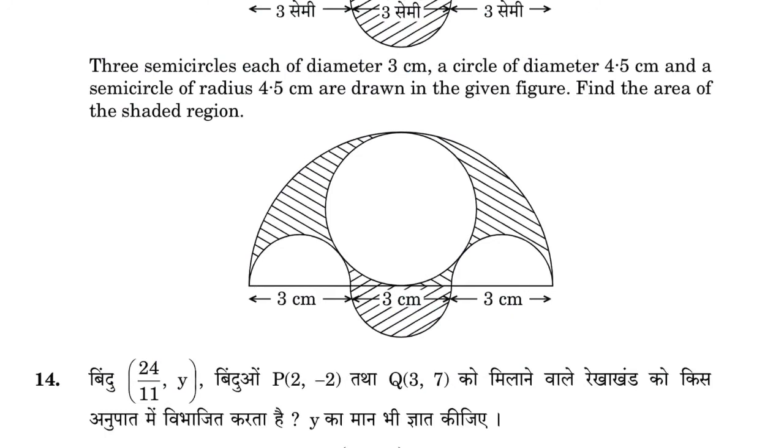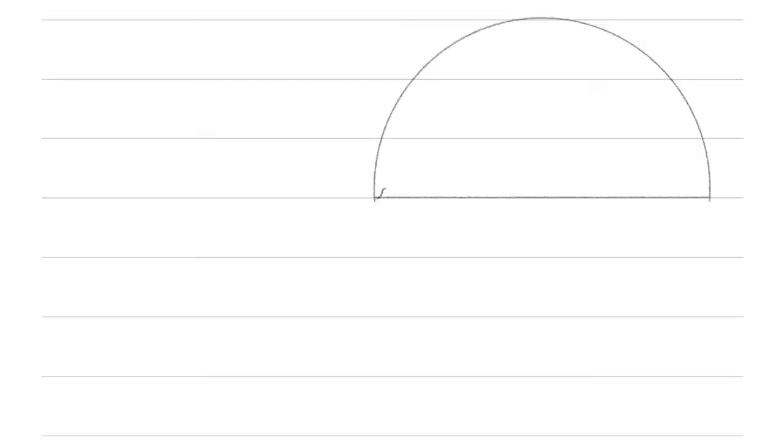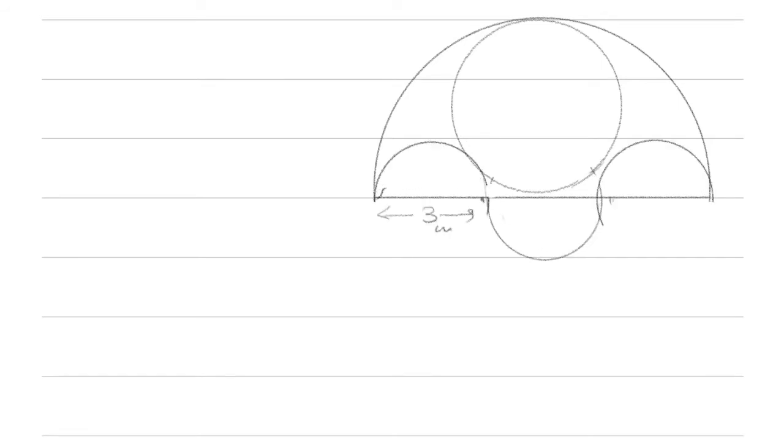13th question. In this question we have a semicircle, one circle here, and we have one semicircle, another semicircle, and one more circle. All these are 3 centimeters.